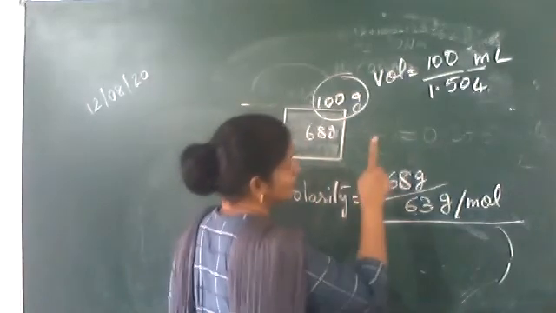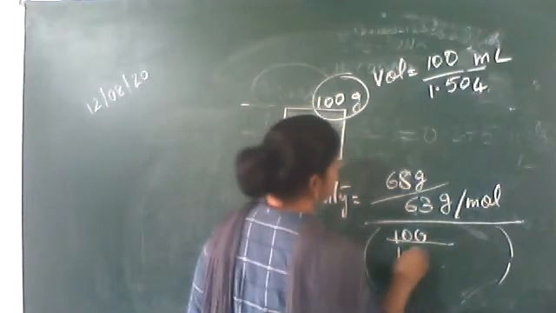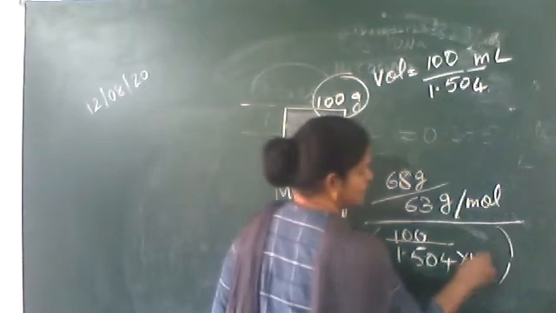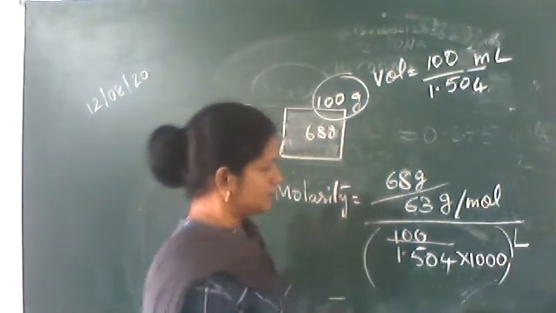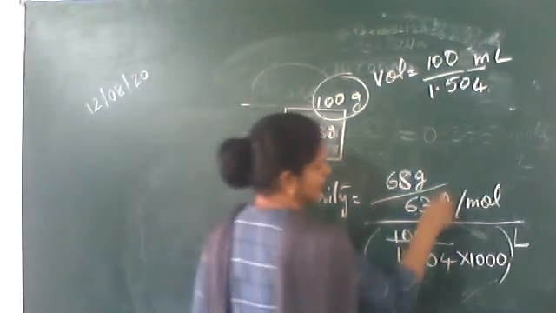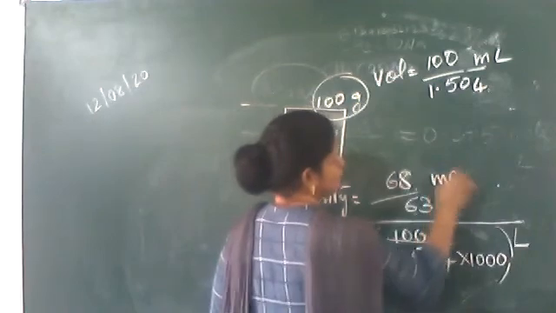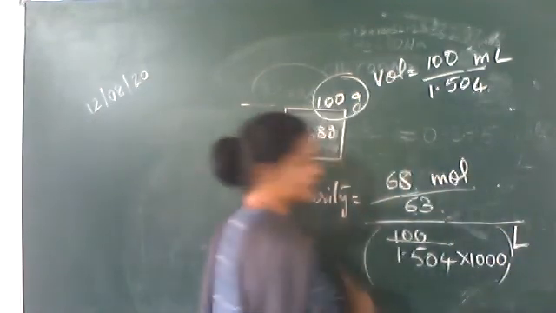So this ml, divided by 1000, so 100 divided by 1.504, this value divided by 1000, so you will be getting liter. So number of moles, gram got cancelled, mole will go in the numerator. So moles per liter, that is molarity.